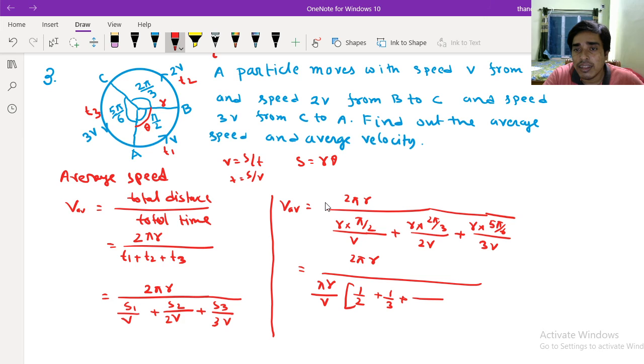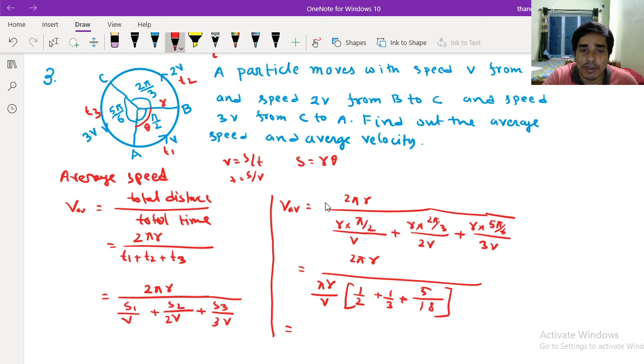And this will be 5/3, because here is 1/2 pi r by v, here 2 and 2 will cancel out, and here is 1/3, and here is 5 pi by 6, here is another 6, so it will be 1/6 and 1/6, that means here is 18, because 5 and 6, so it will be 5/18.